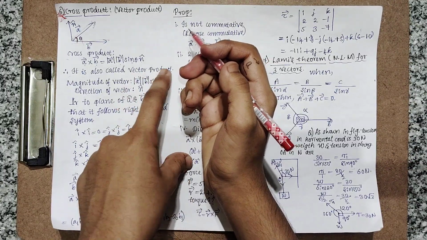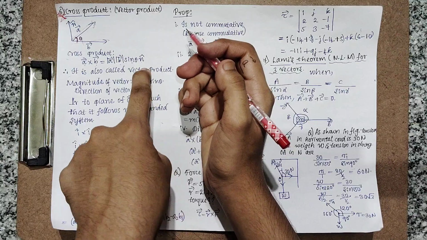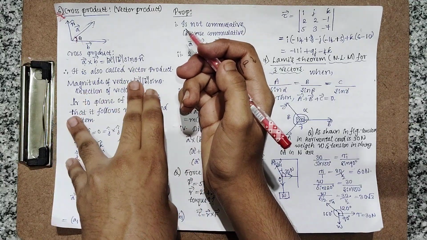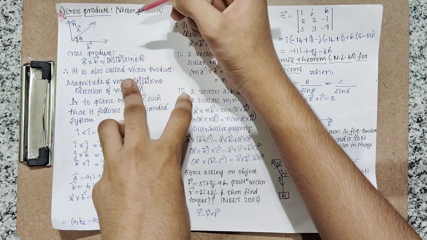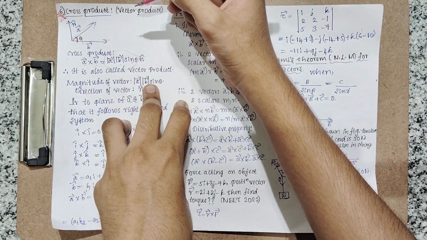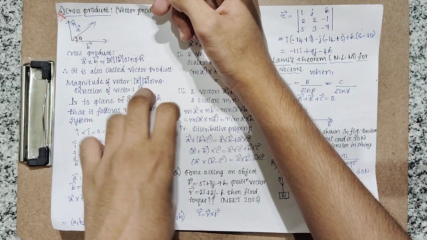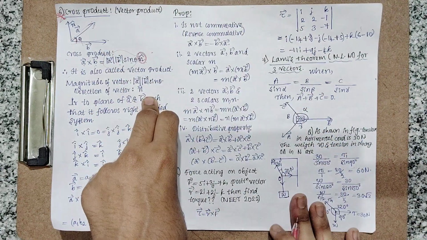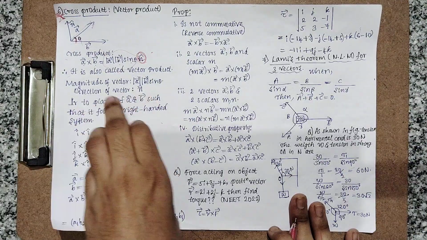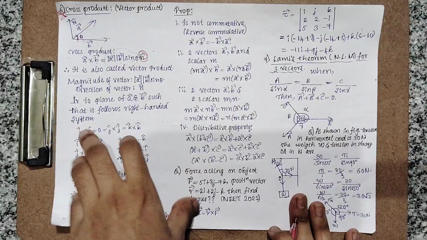As we are multiplying here with this n cap, the magnitude of the vector is simply magnitude of A bar into magnitude of B bar sine theta, and the direction of the vector is your n cap. Here n cap is nothing but the direction of the vector perpendicular to the plane of A bar and B bar, such that it follows the right-handed system.